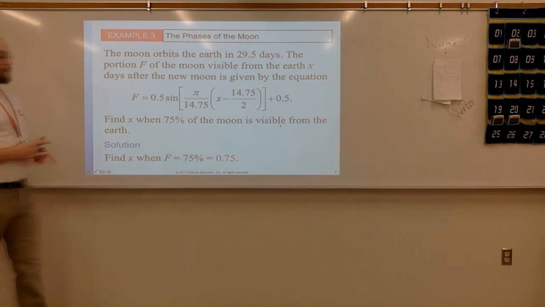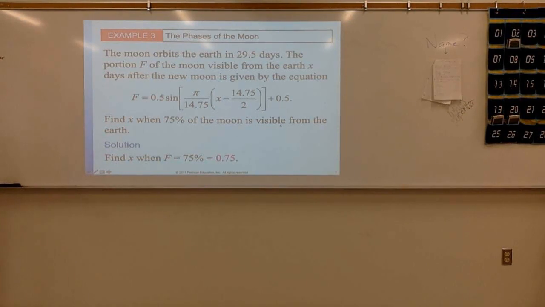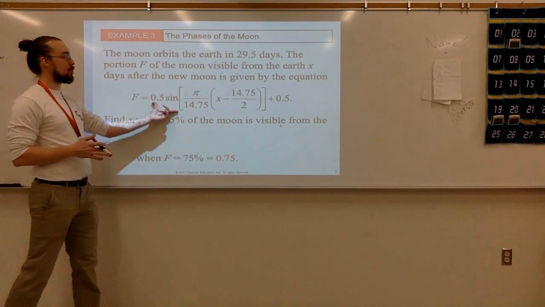Alright, so let's take a look at something like this. This is what we did yesterday, a problem like this. So this is our story problem. It says the moon orbits the Earth in 29.5 days. The portion of the moon, which we're denoting as F, visible from the Earth X days after the new moon is given by this equation here.